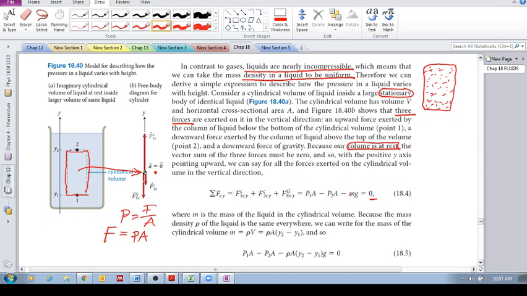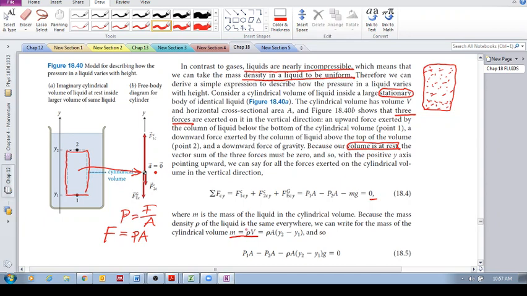So if we now look at this mass, let's write it in a different form. We know that mass is density times volume. So it's the volume of this cylinder multiplied by its density. That gives us the mass.